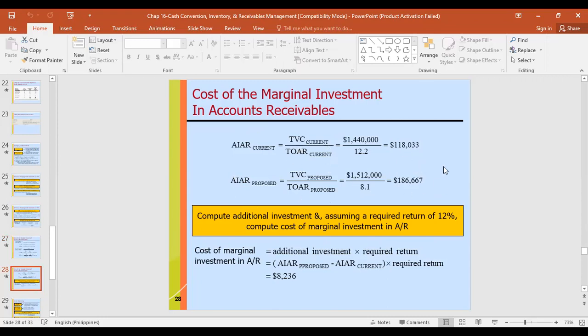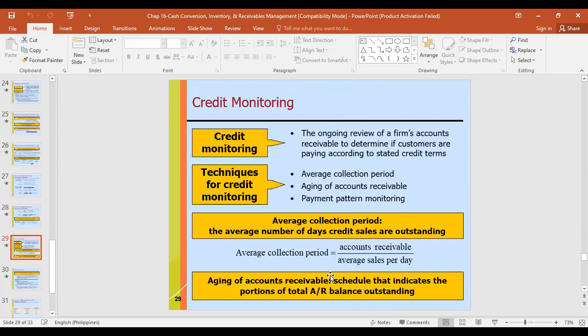So we would be able to get our average accounts receivable or investment in accounts receivable for each. And then if we deduct the two, that's going to be the additional investment. And required return, let's say, is 12%. That will be our cost of marginal investment in accounts receivable. Okay, so that's how we got the answer.